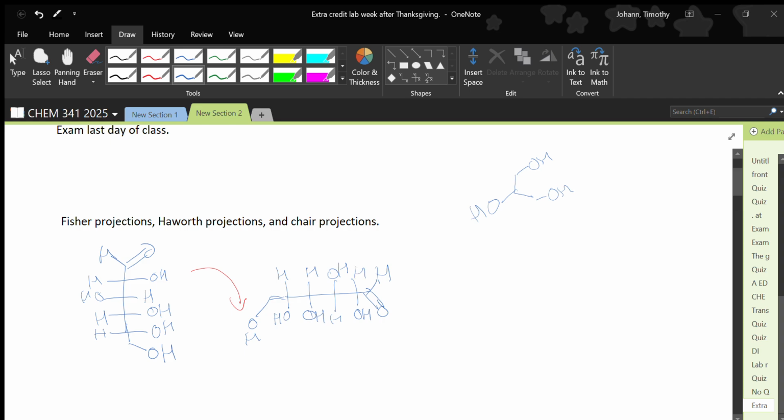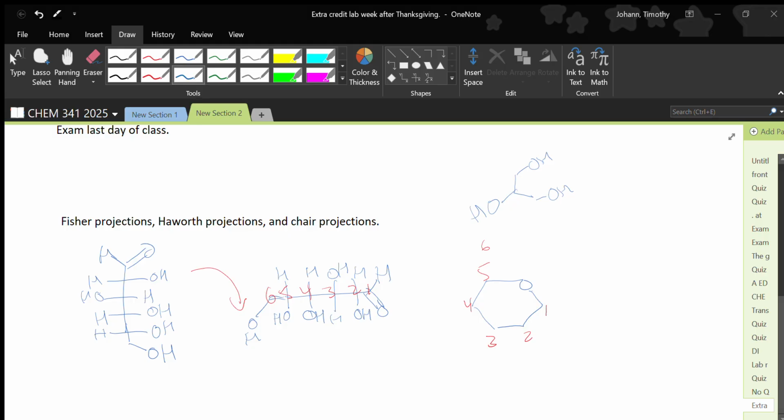Now I can draw my Haworth projection. If we think about the numbering here, once again, 1, 2, 3, 4, 5, and 6 will be up here, or it would be down if this was not a D form of the sugar.